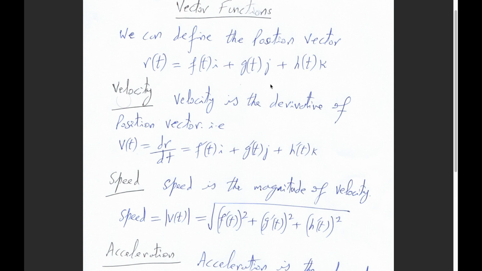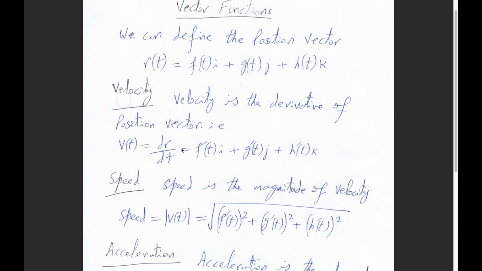First we can define velocity. Velocity is the derivative of the position vector. Our position vector is given as r(t) equal to f(t) i plus g(t) j plus h(t) k. If you take the first derivative of r, which is dr over dt, that will become our velocity.